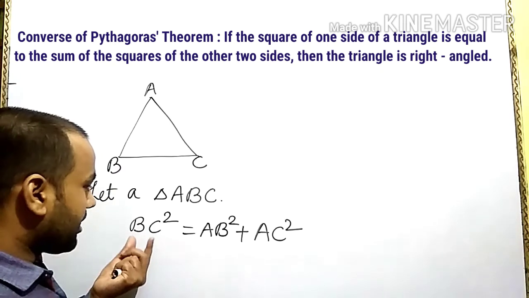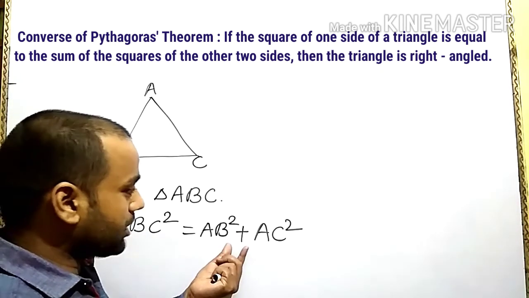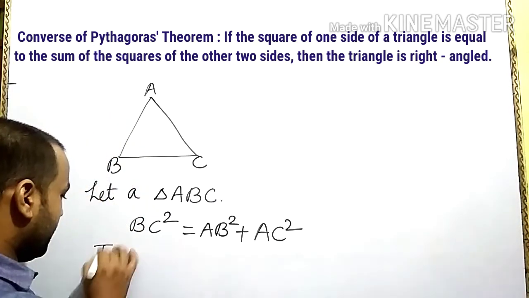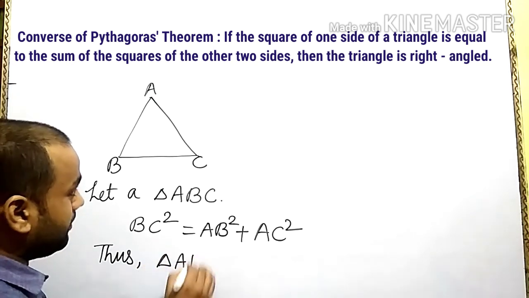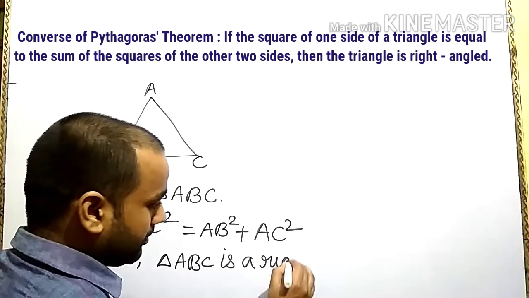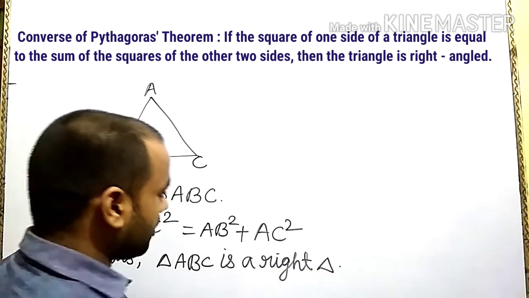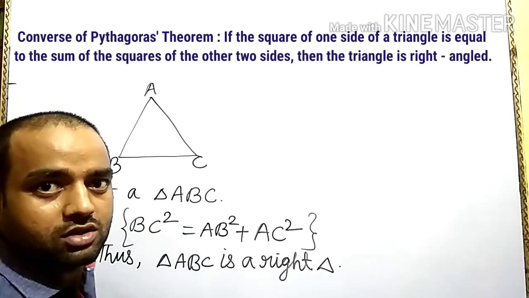If the triangle follows the condition BC square is equal to AB square plus AC square, we can say triangle ABC is a right triangle. This concept is called converse of Pythagoras theorem.